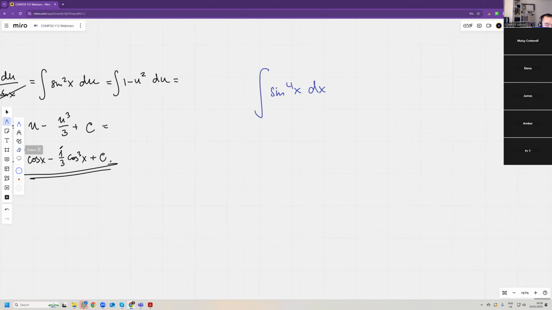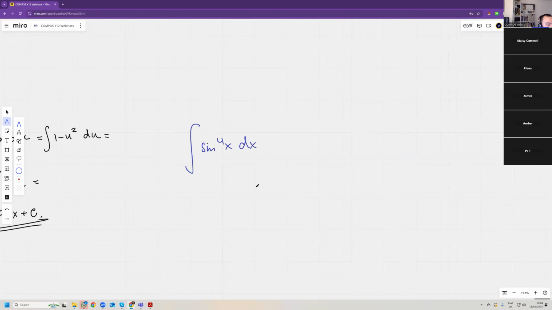So how do you use power reduction? Well, we know that 1 minus 2 sine squared x is cos 2x. Therefore, sine squared x can be written as 1/2 minus 1/2 cos 2x.